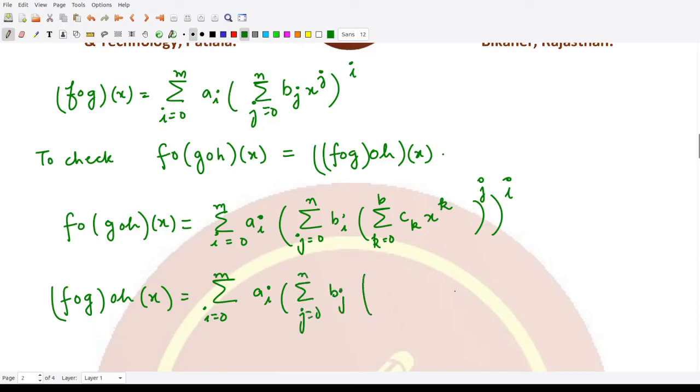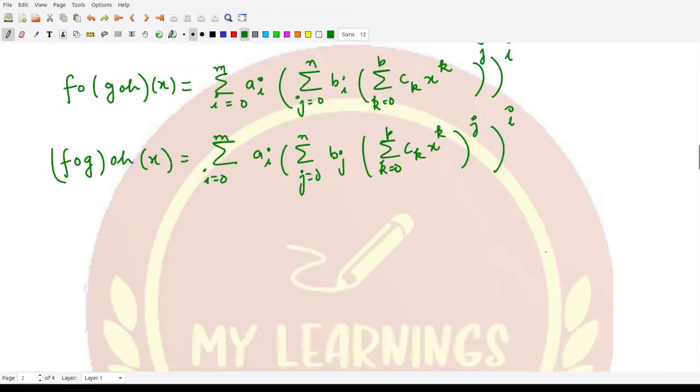Now instead of x, we have to write the value of h, which is this one. So here we would have j, here we would have i. And what is the value of h? It is the summation k varying from 0 to p of c_k x to the power k. We can change this index ourselves because we have already used the index i and the index j. So you see both of them are equal to each other, hence the operation is associative.